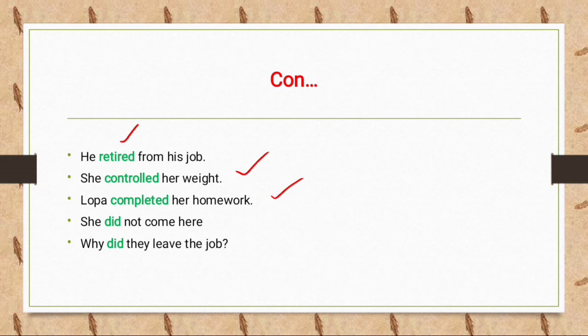She did not come here. It's negative formula of past indefinite tense, because here we are using did, and when we use did then we use not, because did is used in interrogative as well as in negative formula of past indefinite tense. Why did they leave the job?